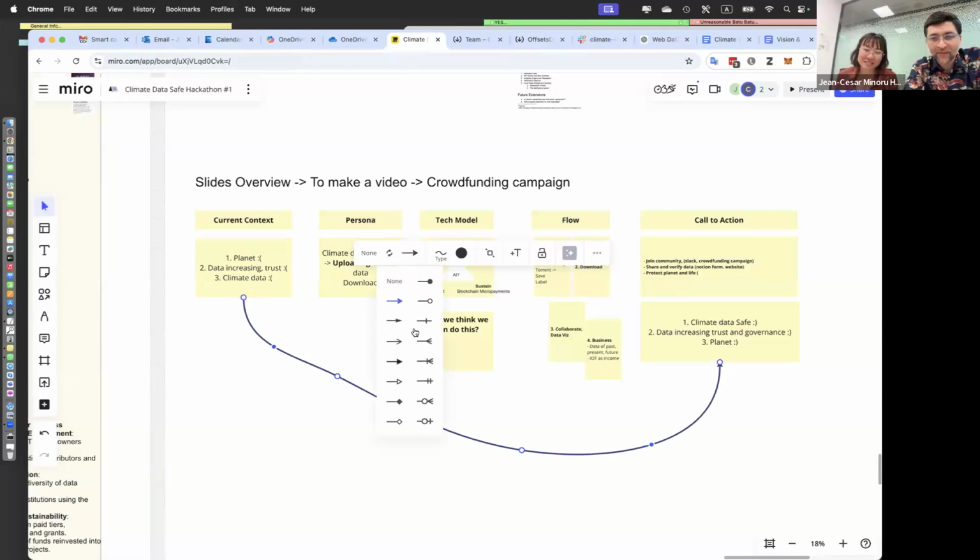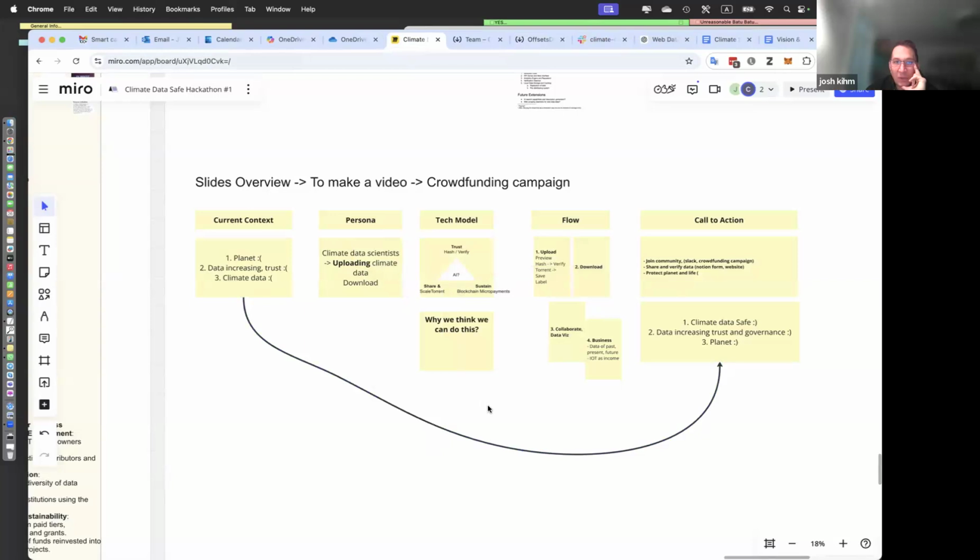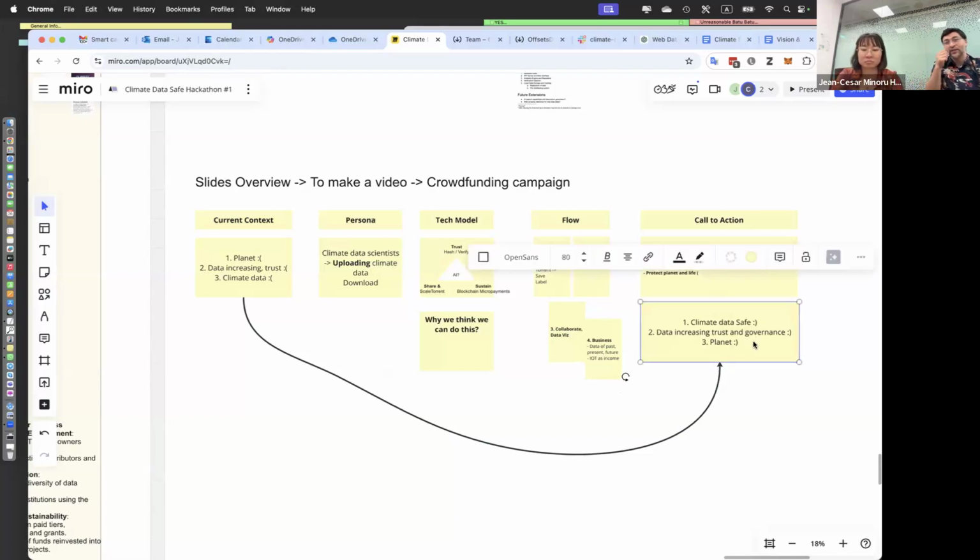I guess making sure that what we're doing is unique enough that it's adding to the community rather than being yet another one. I agree, and it should be simple enough. For example, when Dropbox started, it was just upload your file and then you'll be able to access it, and it has a folder. For us to be attractive to climate data scientists, it also needs to be simple enough.